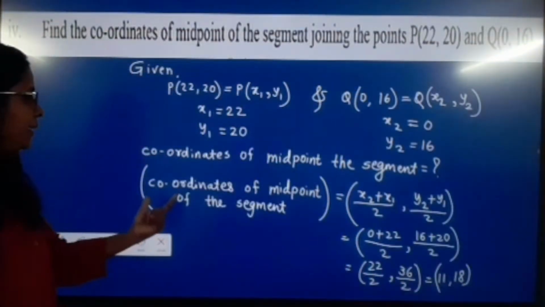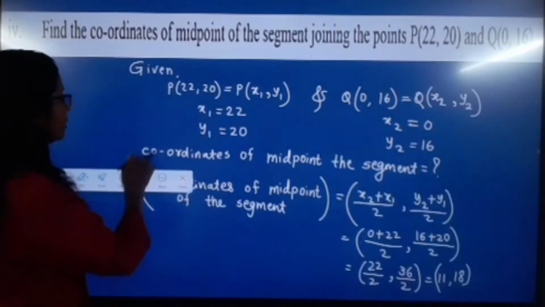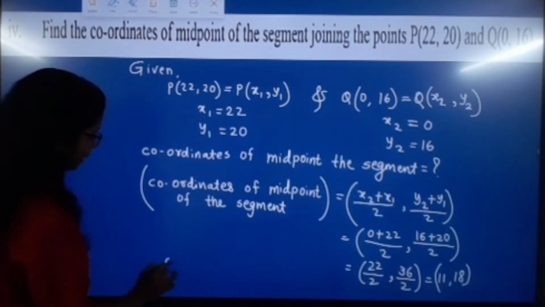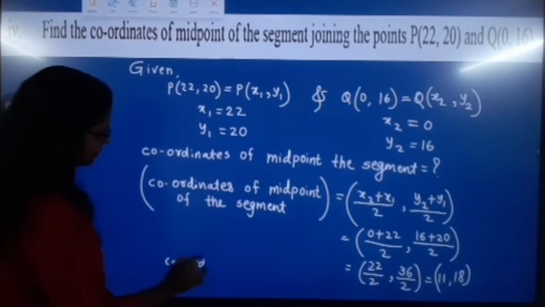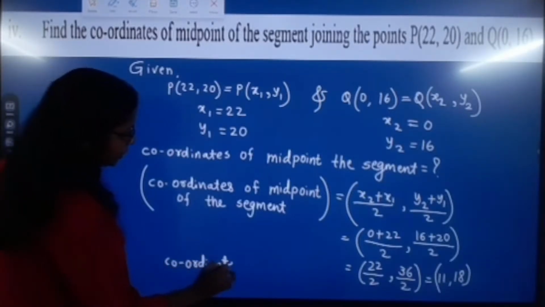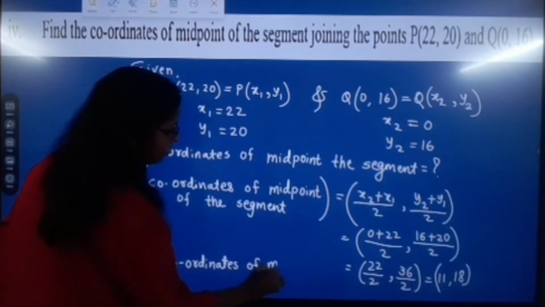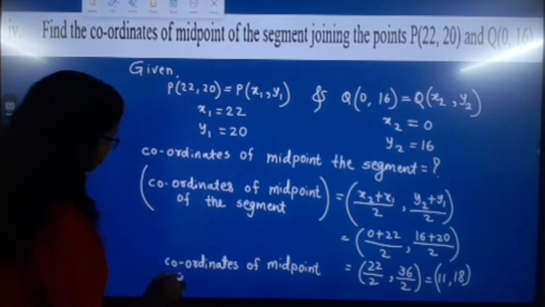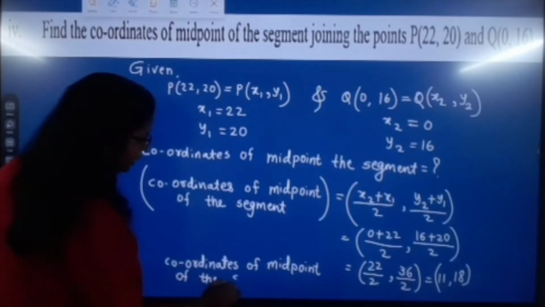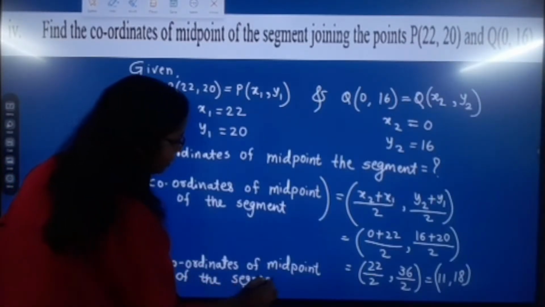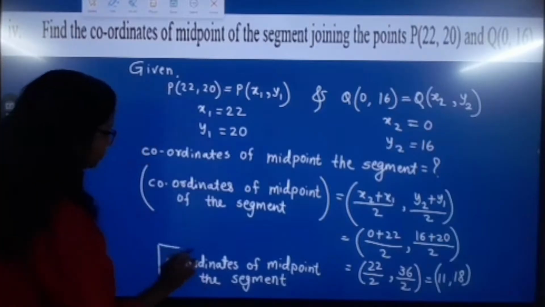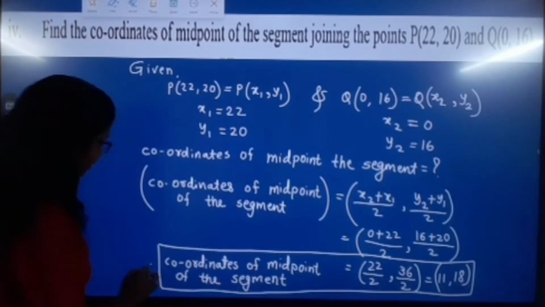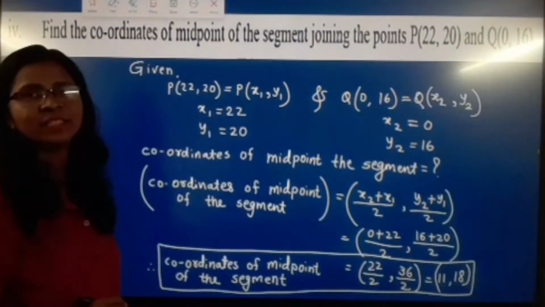So here 11, 18 are the coordinates of the midpoint of the segment. So I write down here the final answer. Coordinates of midpoint is equal to (11, 18). So students, this is our final answer.